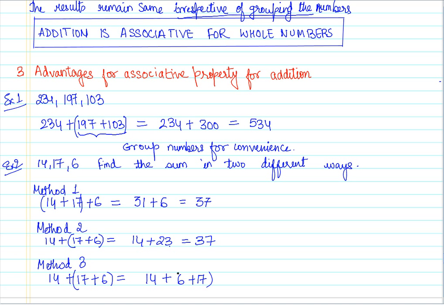If you recollect from our discussions on commutativity, we know that even if we change the order of the numbers for addition, the results are the same. So that is fine. Now once I have this, I can easily group 14 plus 6, which gives me 20, and I add 17.